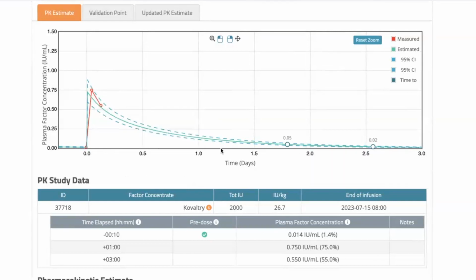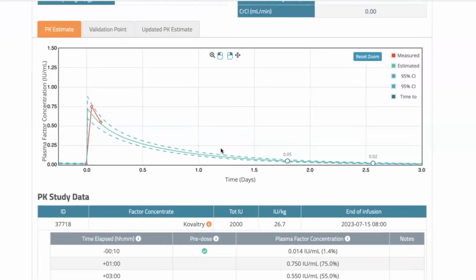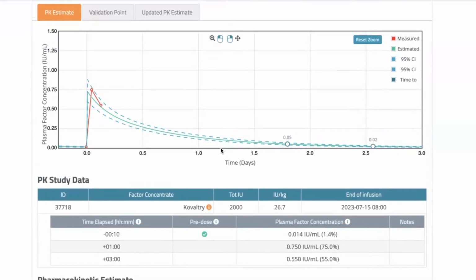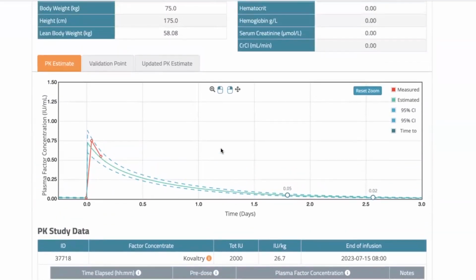This is the best combination of points that is feasible in clinical practice. This is how to read a PK profile, and this also answers the question about the best points to provide the system to get maximum precision.